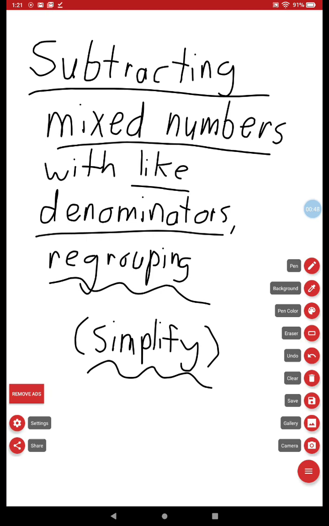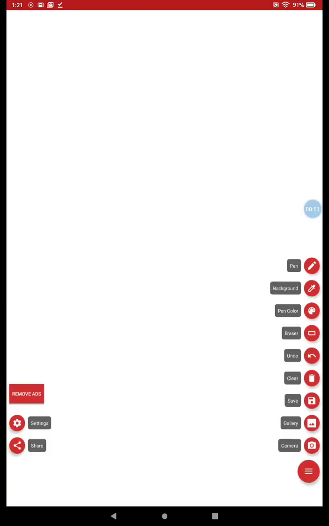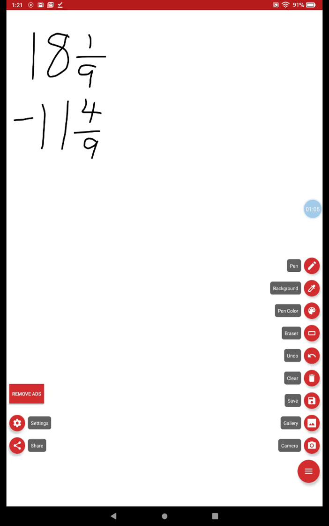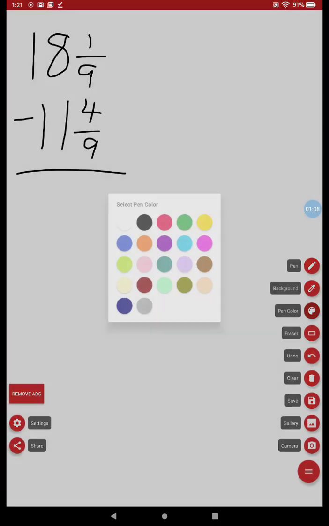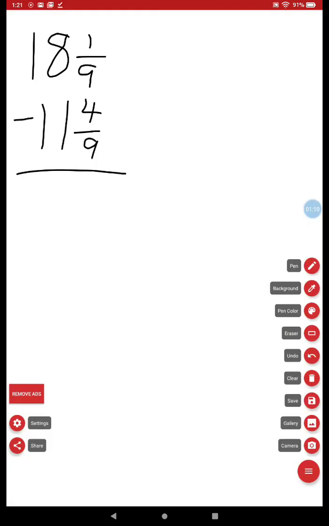All right, so let's look at our first example. First example, we have 18 and 1/9. Subtract 11 and 4/9. Okay, here's the deal.